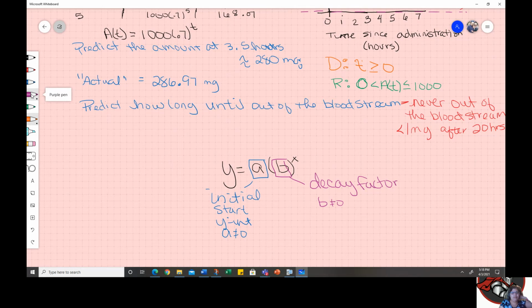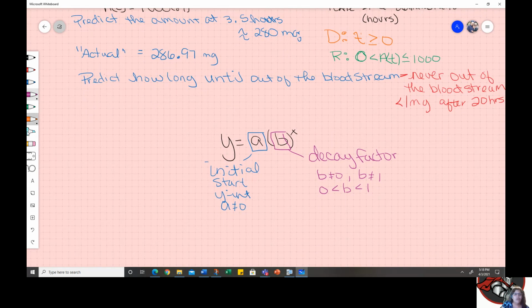So just those caveats, neither of them are ever going to be 0. As a decay factor, though, our b is going to be between 0 and 1. It's never going to be 1, but it will be between 0 and 1. It's just not actually 0 or 1.